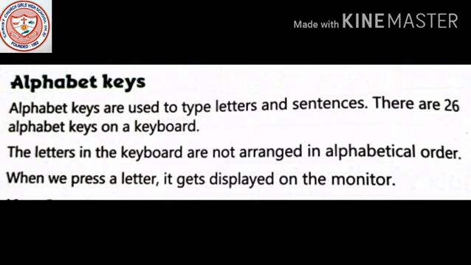There are 26 alphabets in our English letters. All the alphabets are present in the keyboard so that we can form words. There are 26 alphabet keys in the keyboard.